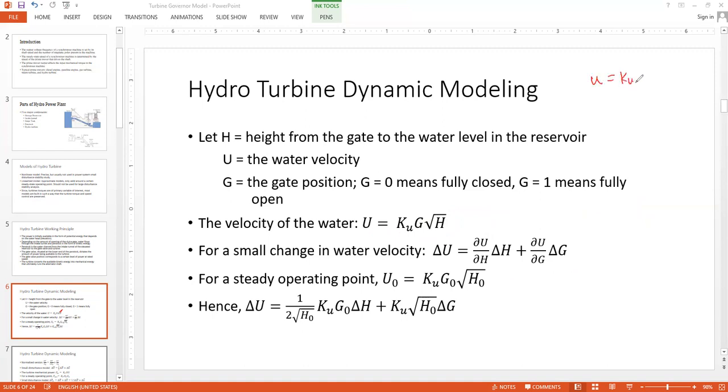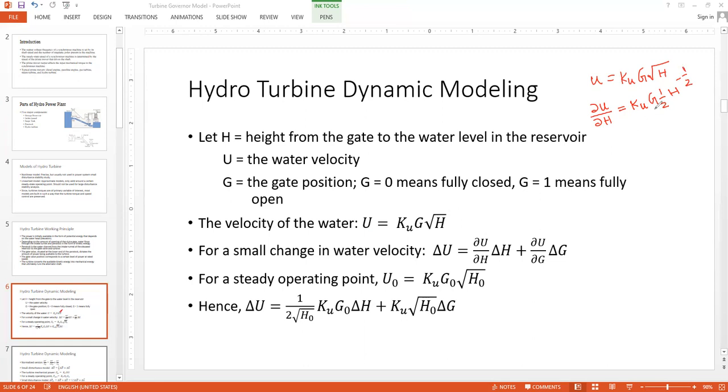U is simply K_U G square root of H. So if you want to take ∂U/∂H, what would be the result? So this is K_U and G, because remember, you are only taking the derivative with respect to H. So H has a square root. So simply take the derivative, H to the power minus half. Okay.